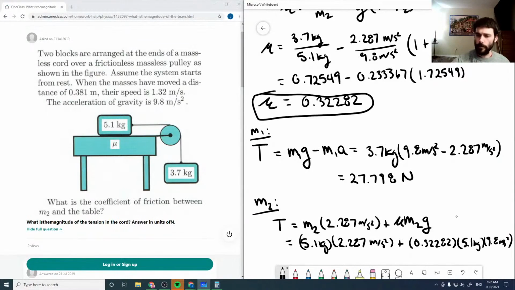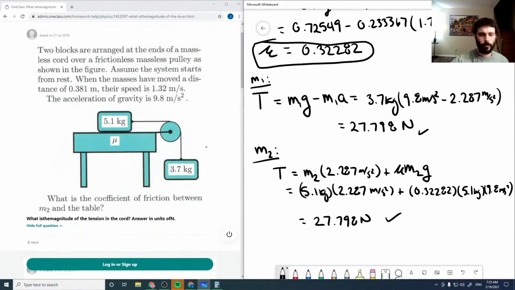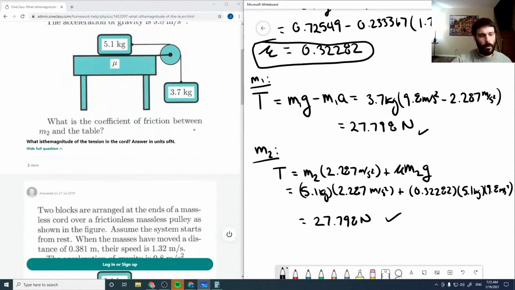And if we work this through, then we get 27.798 newtons. So that looks good. So they're consistent, meaning we did everything correctly. Or at least it seems to be.